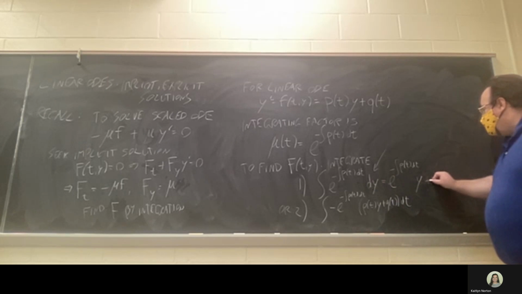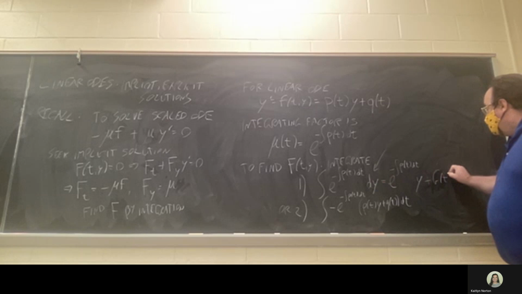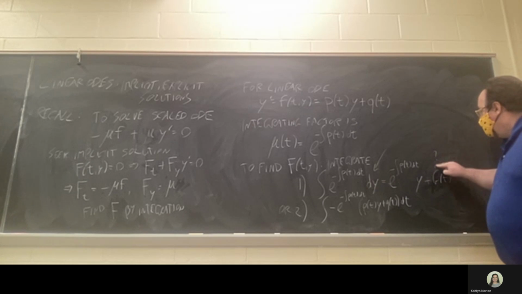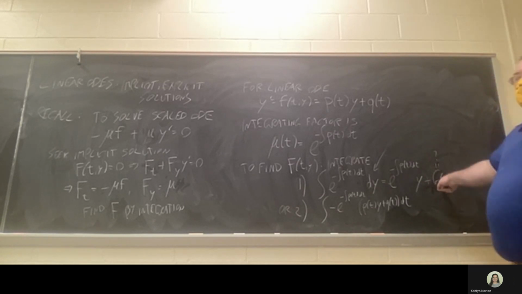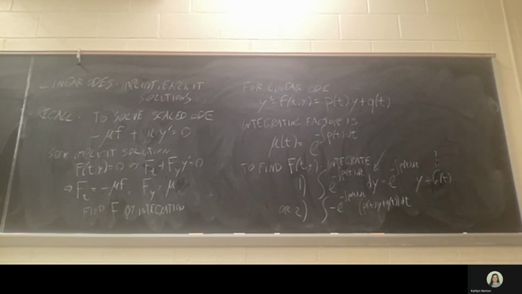So any function of t, I'll call it g of t, or capital G of t. That's unknown. Because that way, if I take a derivative of this with respect to y, that would go away, and then the y would become 1, and then you'd have your integrand.